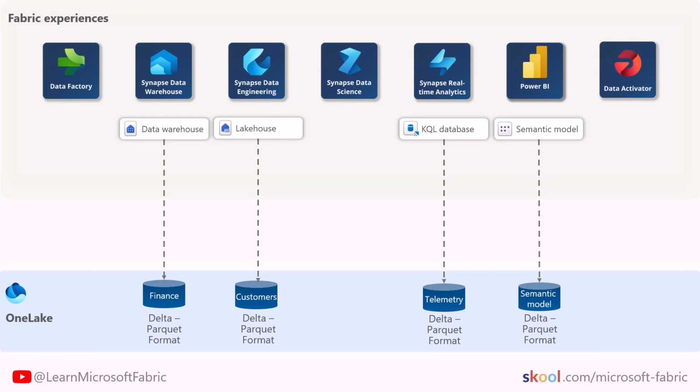So to interact with data in any of these stores, we can write T-SQL scripts in the data warehouse. We can write Python, R, or Scala in the notebooks in data engineering and data science experiences, or we can write KQL in the real-time analytics experience. And there's also a lot of low-code and no-code options for beginners in each of these experiences.